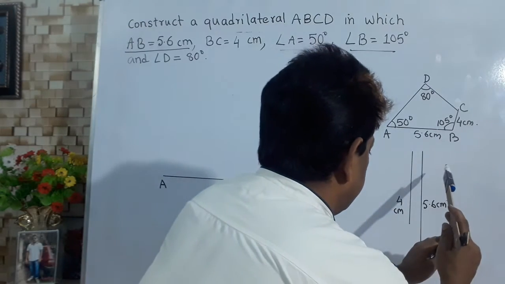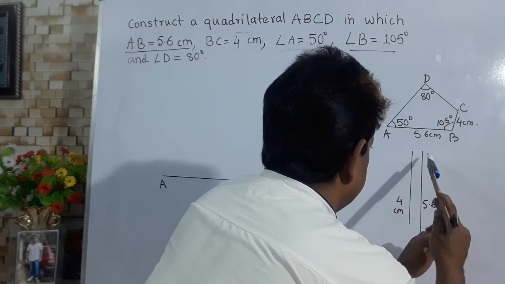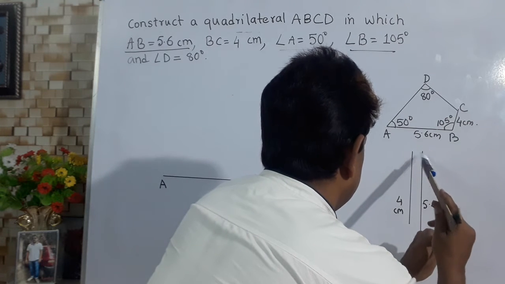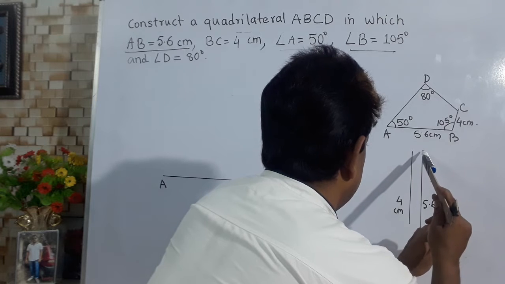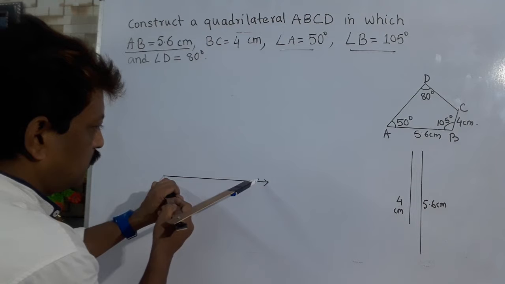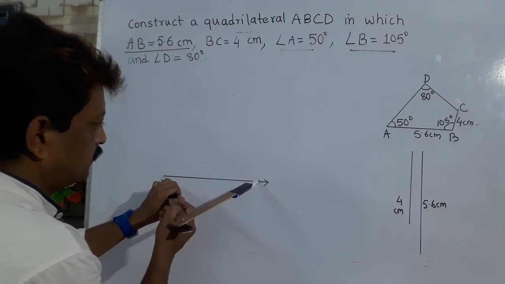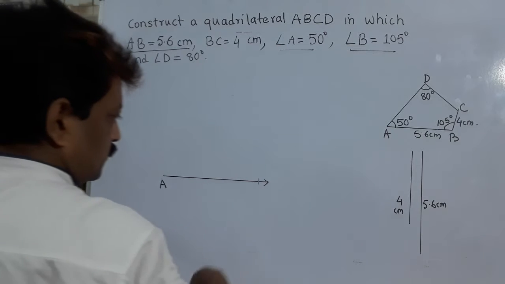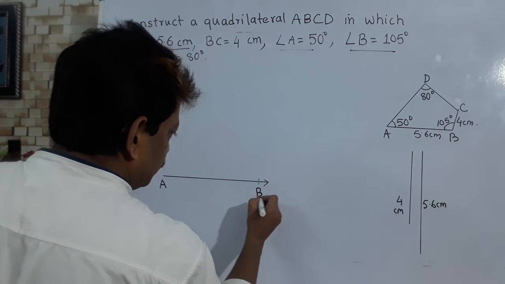Let me take the measurement from here. This is 5.6. This is B.